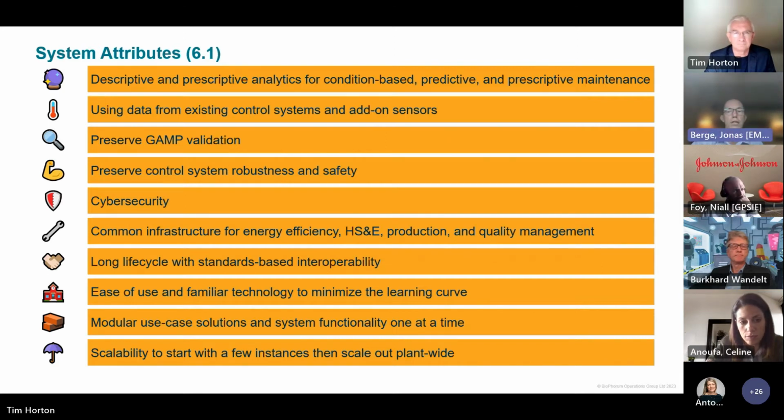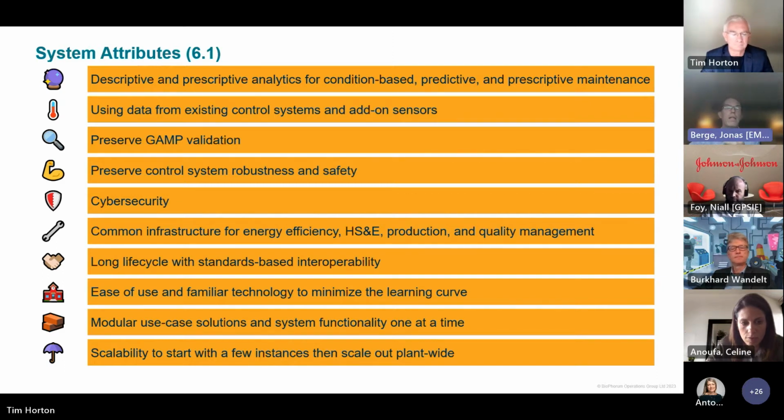So how do plants transition to smart maintenance? That is, to perform maintenance and reliability work in smarter ways. Well, people need new tools with new capabilities, such as descriptive and prescriptive analytics for condition-based, predictive, and prescriptive maintenance, using data from existing control systems and new add-on sensors, while preserving the GAMP validation and the control system robustness and safety. And all of this without compromising cybersecurity.